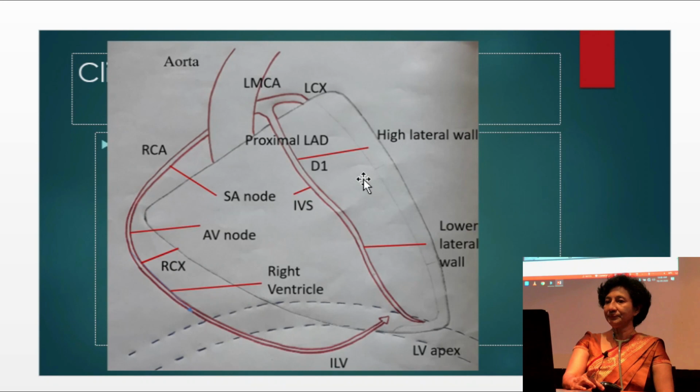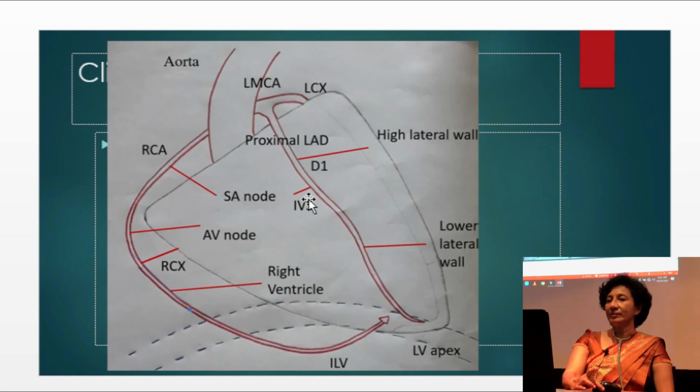Anterior wall, lead V1; high lateral, that means 1 and AVL; septum, V2, V3; V4 apex; V5, V6 lower lateral. So that means 1, AVL plus V1 to V6 will show ischemic changes, or else the ECG will show ischemic right bundle branch block or ischemic left bundle branch block.